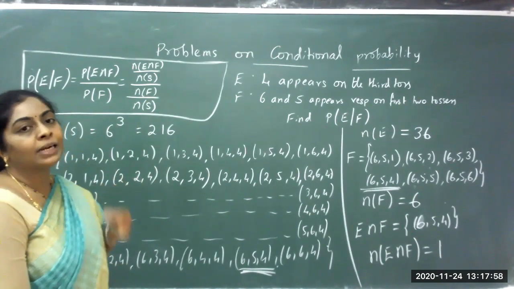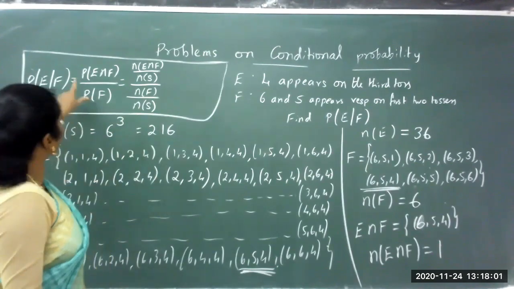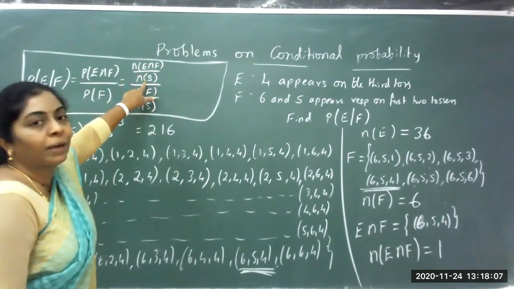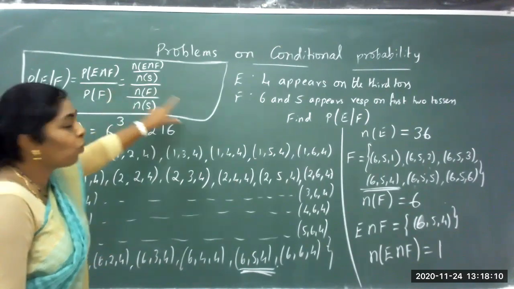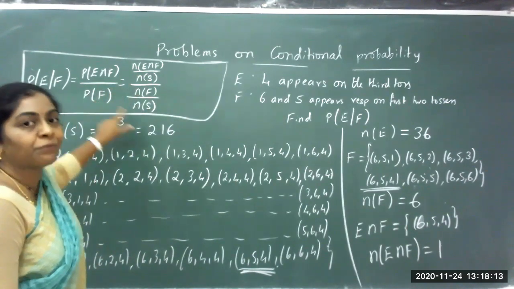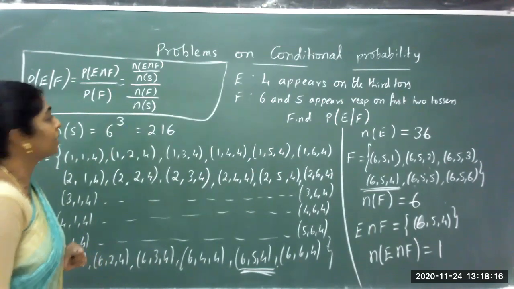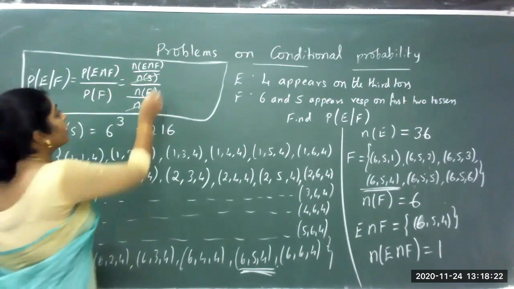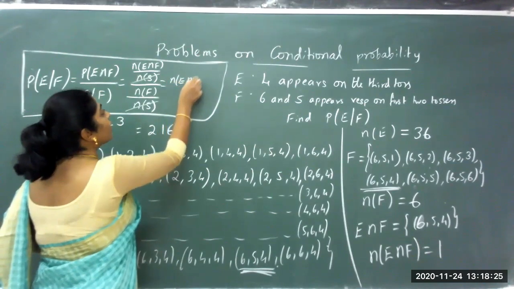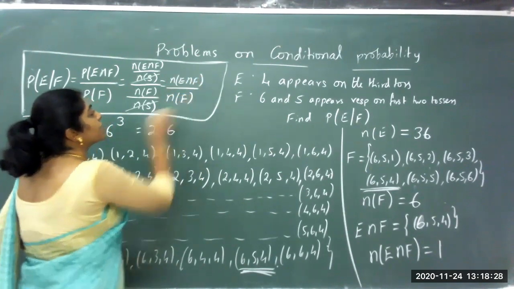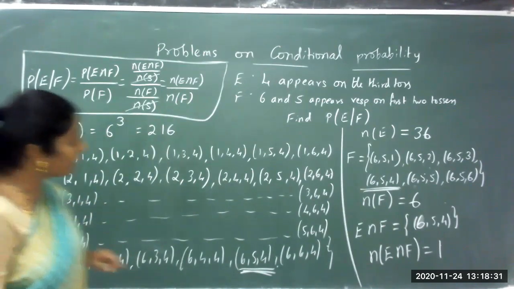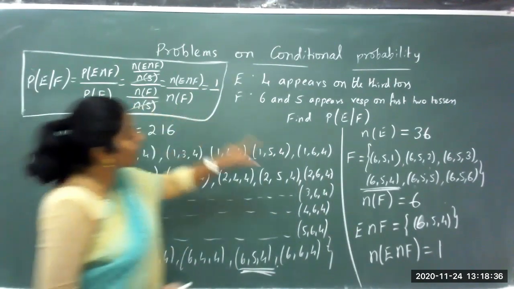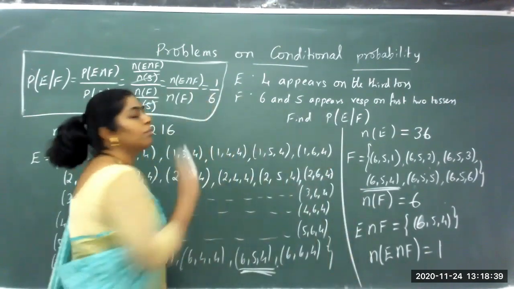The number of elements in the sample space remains the same, 216, so I can cancel it. That gives the number of elements in E intersection F divided by the number of elements in F. The number of elements in E intersection F is 1, and the number of elements in F is 6. So 1 by 6.